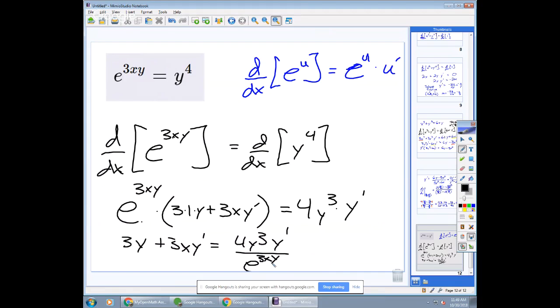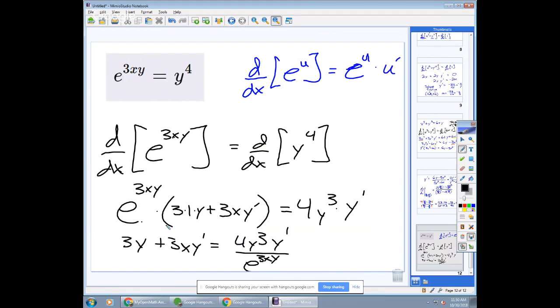I just really didn't want to multiply that through. So you wanted to divide by the parentheses, right? Although that gives us all the y primes on one side, one in the top, one in the bottom, and we're kind of screwed. So this is a better alternative. Otherwise, you have to distribute. You could factor out a 3, but that's not going to do much good at this point.